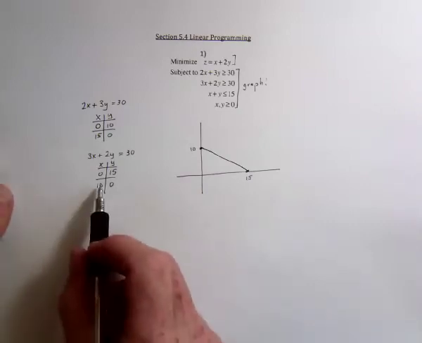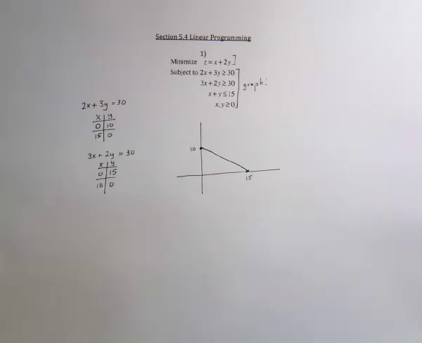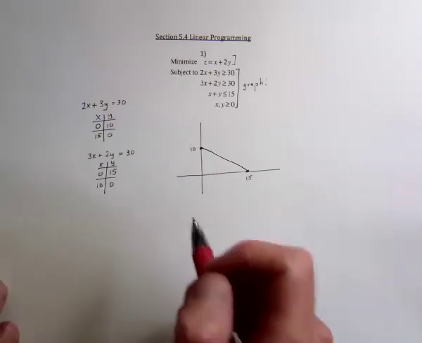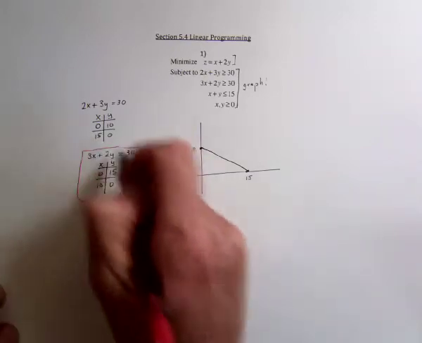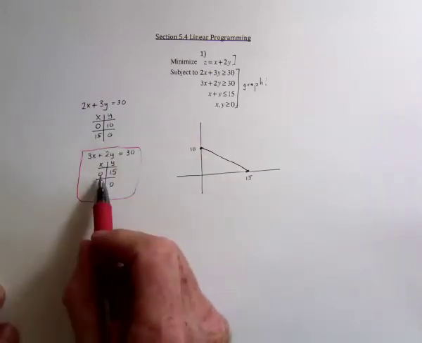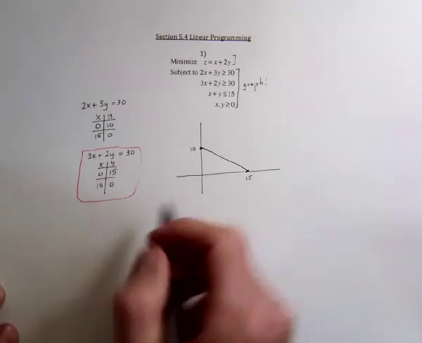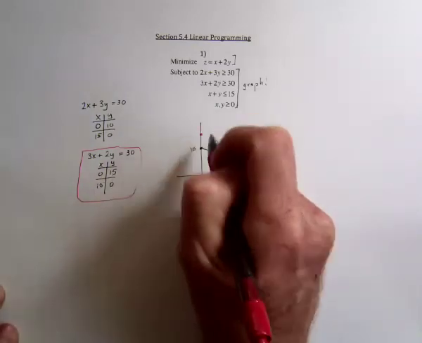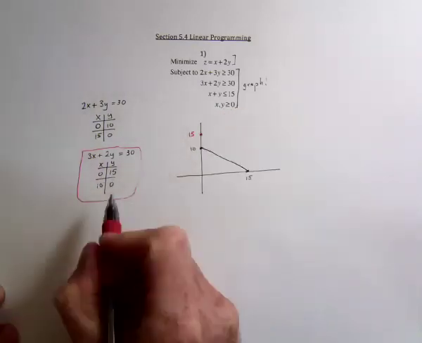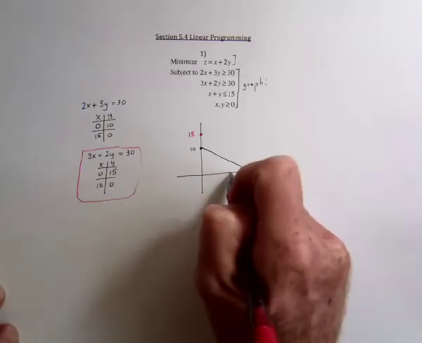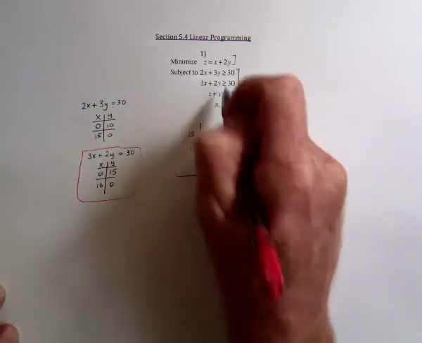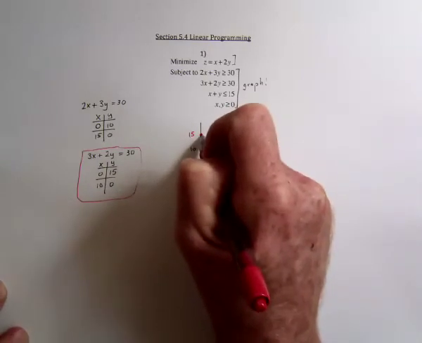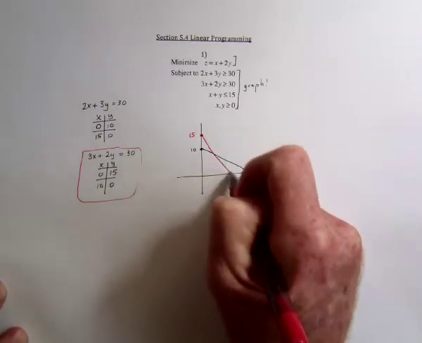So it's actually switched the roles of the 10 and the 15. So this one will be in red. 0, 15 on the y-axis, and then 10, 0 on the x-axis, and again use a solid line, and just in the first quadrant.